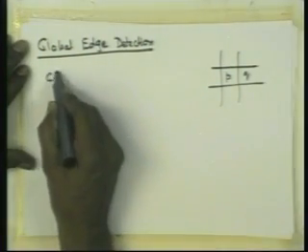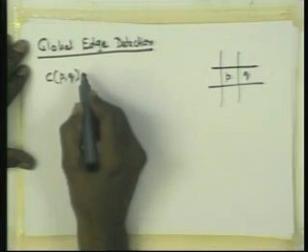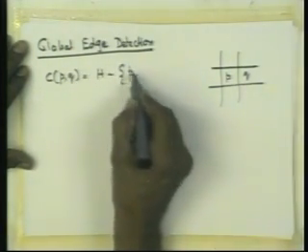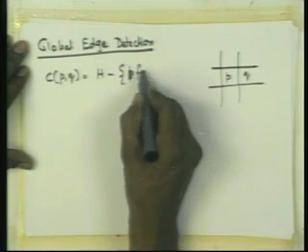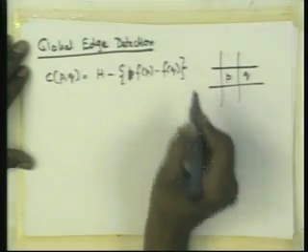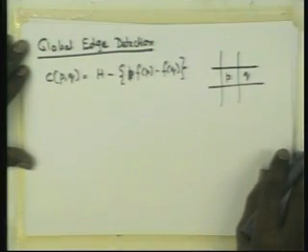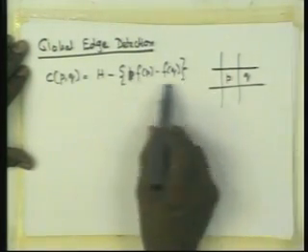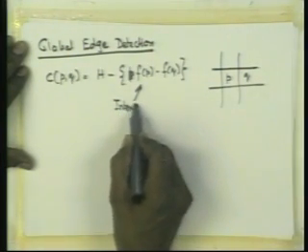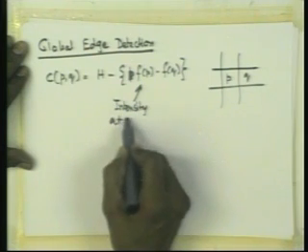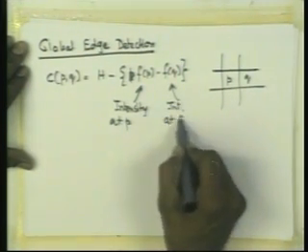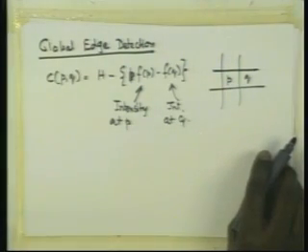So, if I define my cost(P, Q) equal to some value H minus the difference between Fp and Fq, then Fp is the intensity at P, and at Q, this is obviously the intensity at Q.